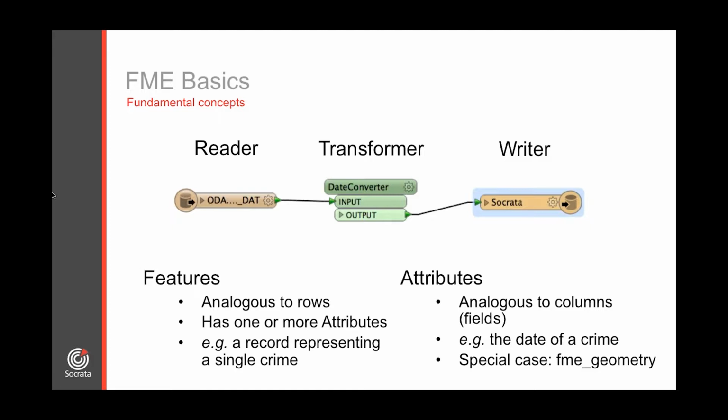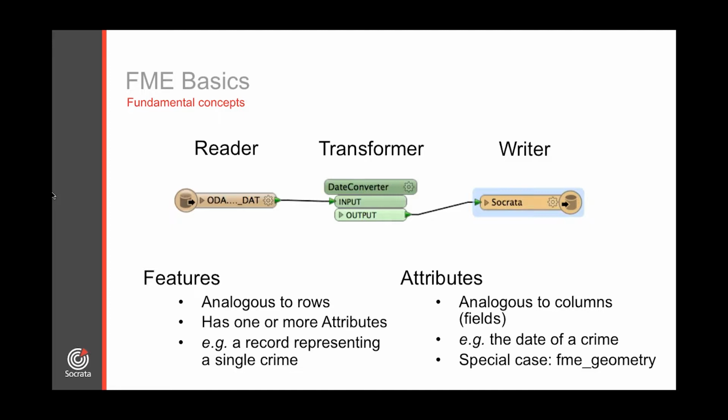Features is an important concept. Once you read in data, you're getting a set of features, and those features are, in the context of Socrata, analogous to a row in Socrata. One feature is going to have one or more attributes, and an example of a feature might be a record representing a single crime.